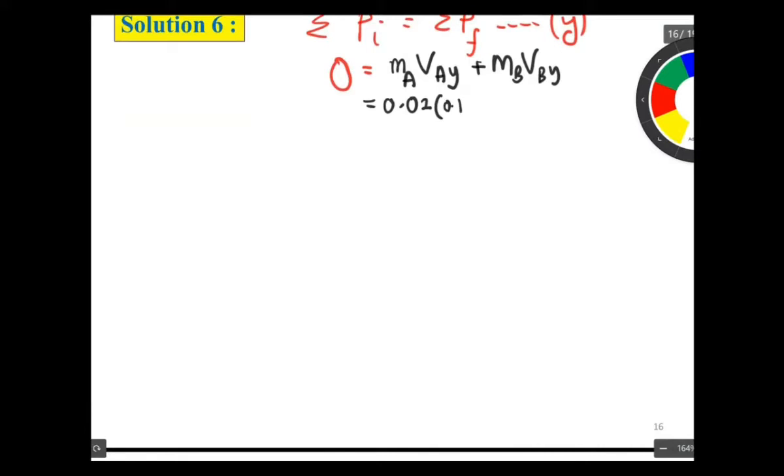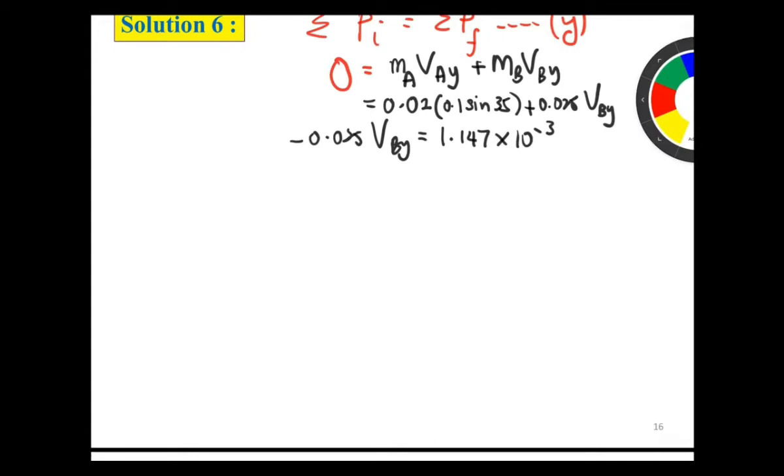So 0.1 sin 35 plus MB kita 0.025 darab dengan VBY. Tak payah letak cos ke sin ke sebab dia tak bagi nilai sudut. So tak perlu letak lagi. Okay. So bawa 0.025 ke kiri. Negatif 0.025 VBY is equal to 1.147 power of negative 3.